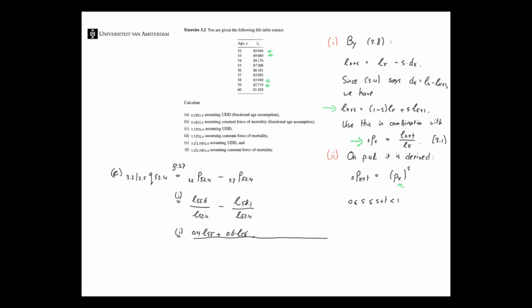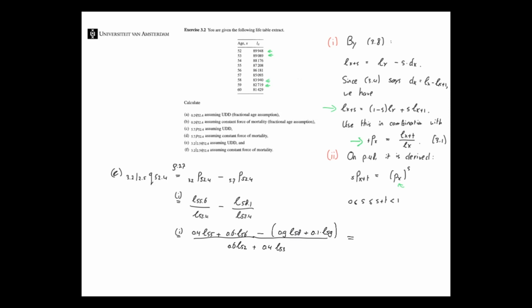And in the bottom we get, let's see, 0.6 times L52 plus 0.4 times L53. It can be very confusing, so be very careful. And then we do minus the L58.1, and note the brackets because we get two terms now. And it becomes 0.9 times L58 plus 0.1 times L59.